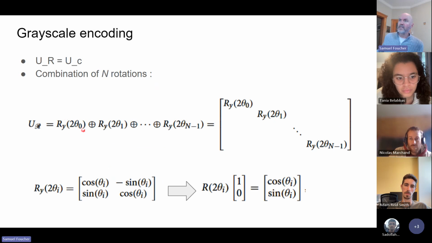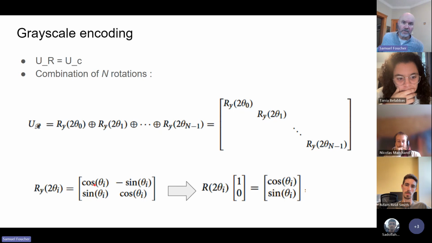So each grayscale value, this is pixel 0, is encoded as a rotation, and you have the product of all those rotations for the n pixels in the image. The rotation is basically this matrix.